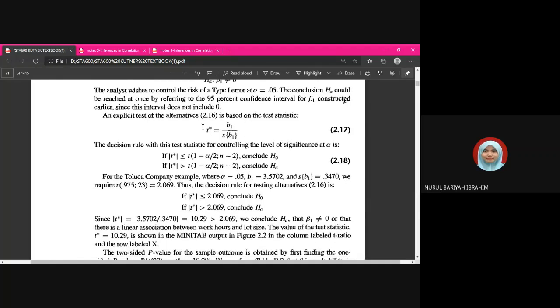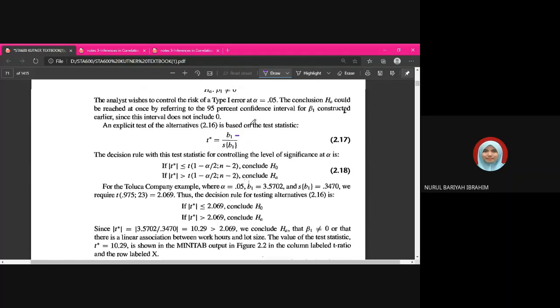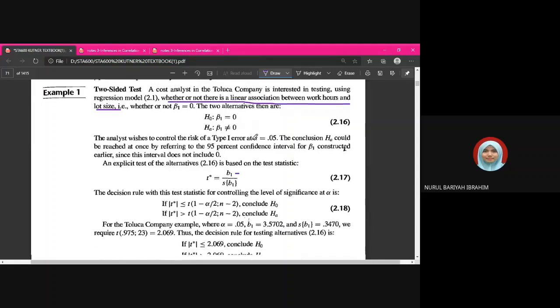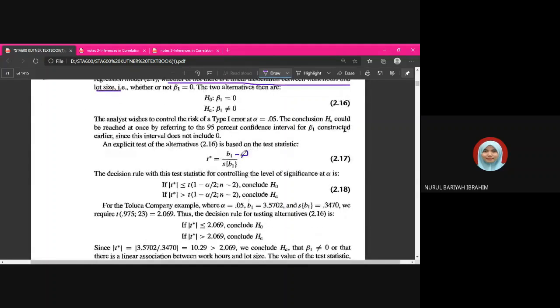For this one, it will be b1 divided by the standard deviation of b1. Actually here it is b1 minus the value of beta 1, the slope minus the hypothesized value. But in this case, because we want to check the association between Y and X, our hypothesis is whether beta 1 is 0 or not.